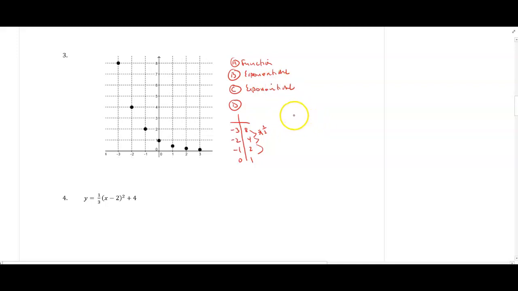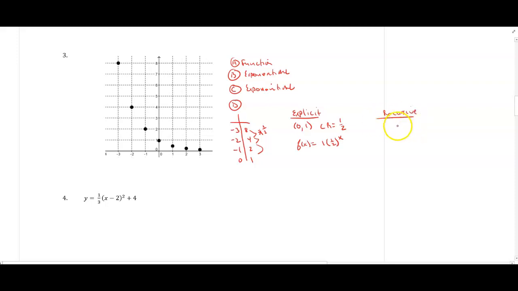To write the explicit rule, for another representation, I'm going to gather the initial amount, which is 0, 1. I know my common ratio is 1/2 because that's what I'm multiplying by each time. So f of x equals 1 times 1/2 to the x power.